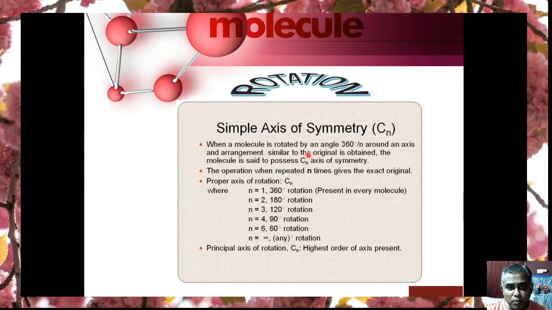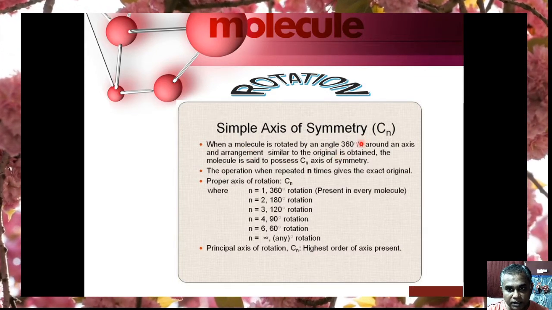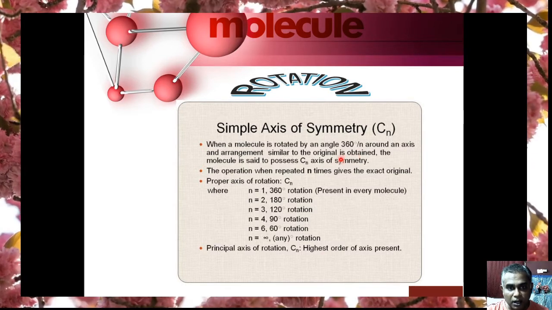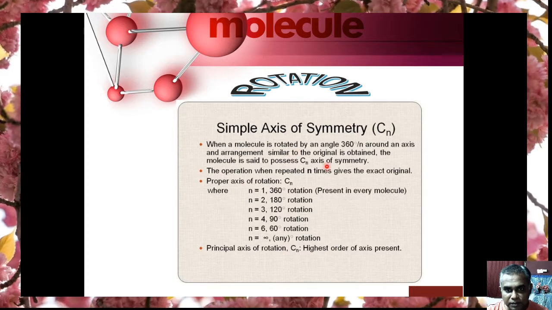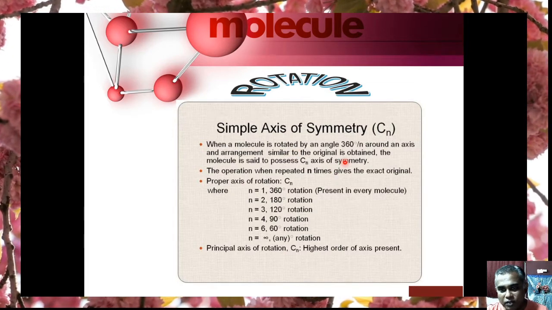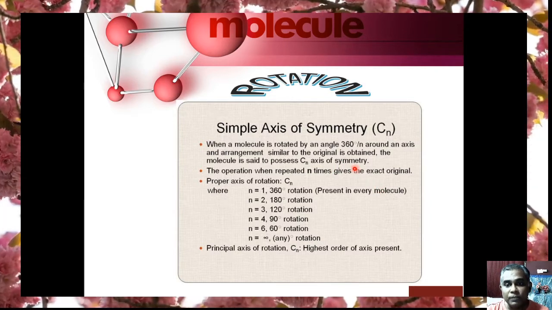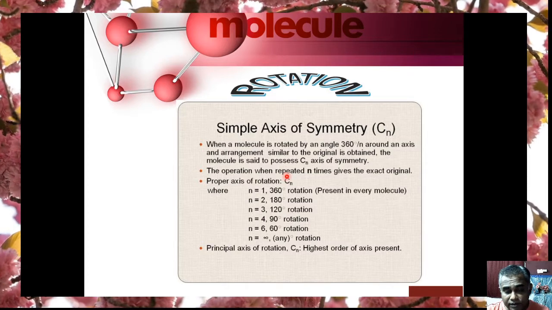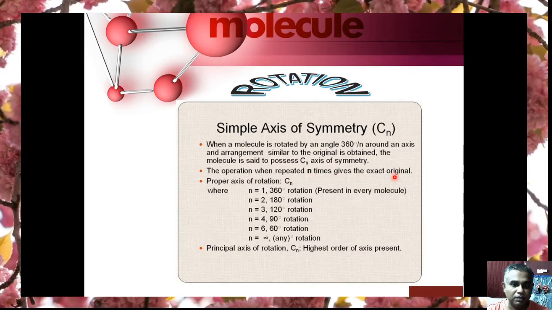And when a molecule is rotated by an angle of 360 degrees divided by n around an axis, and if you get an arrangement similar to the starting molecule or the original, then the molecule is said to possess a Cn axis of symmetry. And the operation, when repeated n times, gives the exact original.